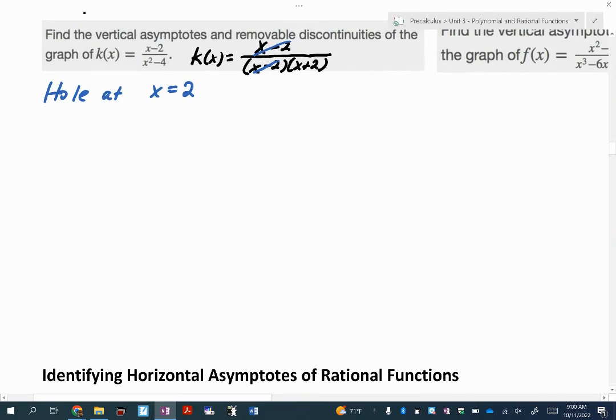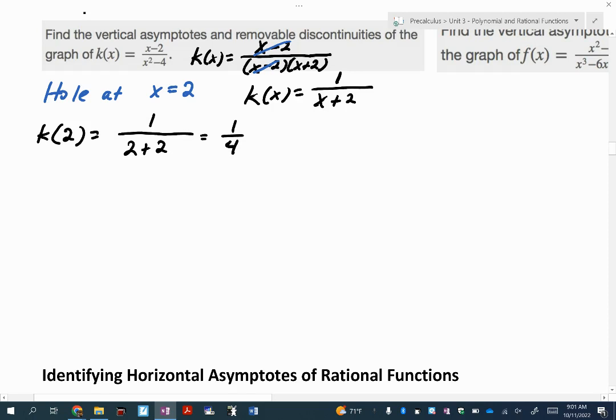Now, to find that y value, I'm going to plug my value of 2 into what's remaining. And what's remaining is 1 over x plus 2. So I'm going to do 1 over 2 plus 2, which is 1/4. So my hole is going to be at positive 2, comma, 1/4.